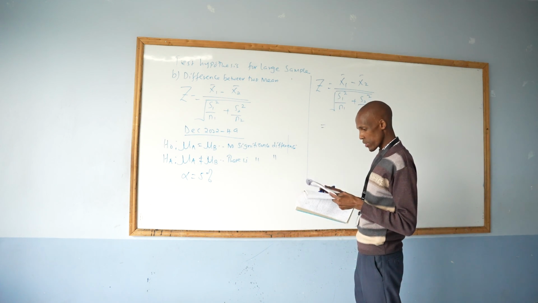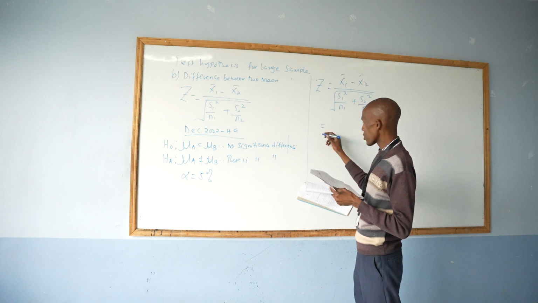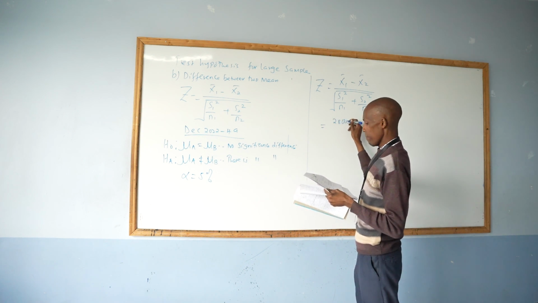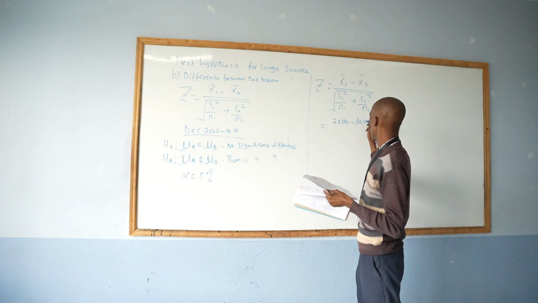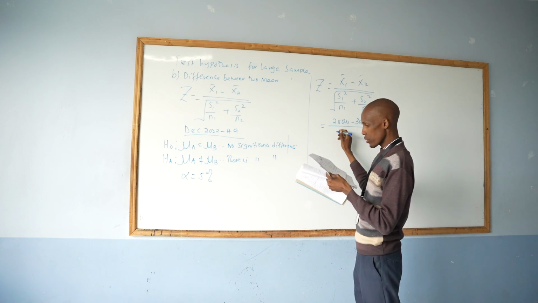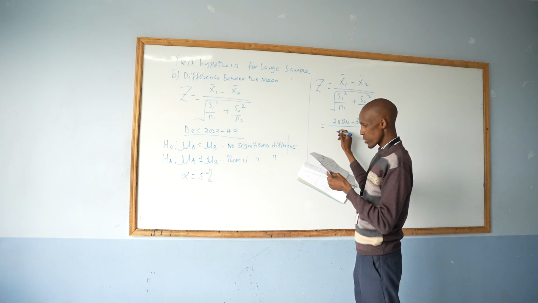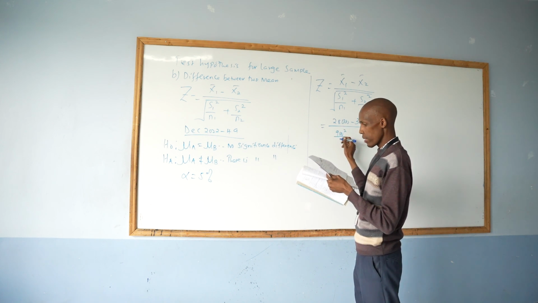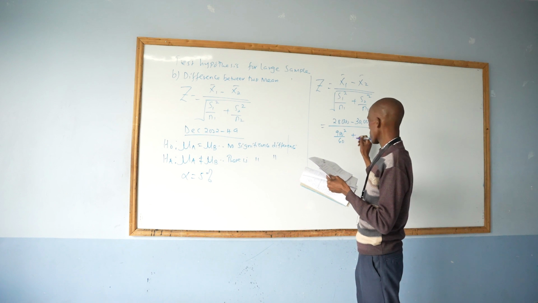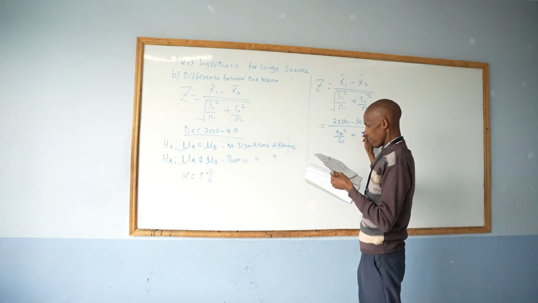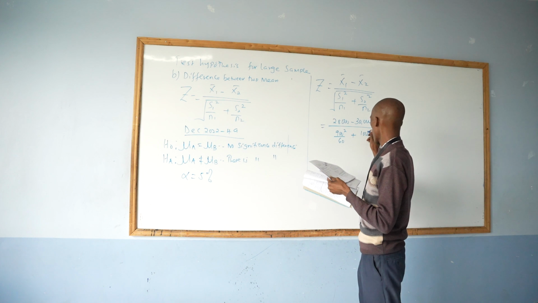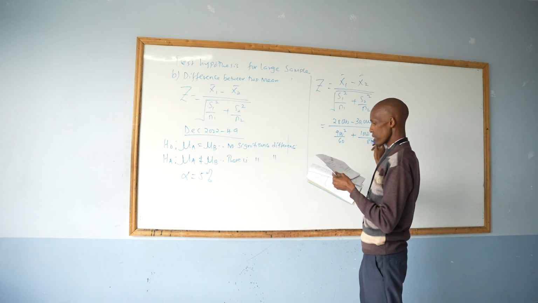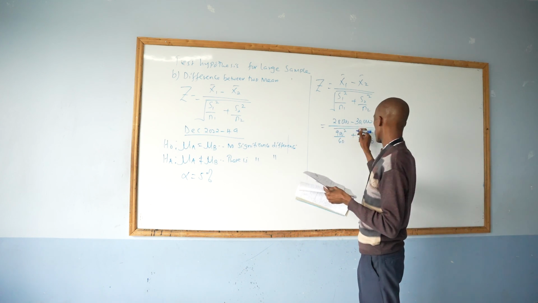The mean of the first one we have said is A, which is 28,000 minus 30,000, divided by the standard deviation squared. So the standard deviation of machine A is 900 squared divided by 60, plus for B, 1,000 squared divided by 80, then you get the square root.